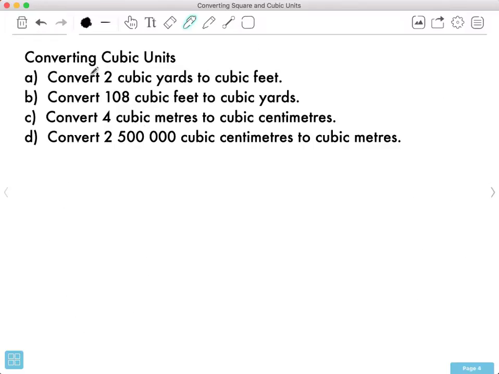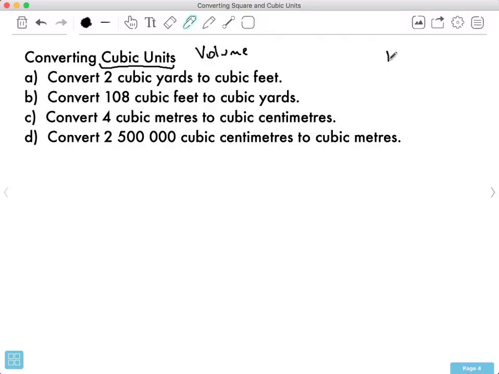It's very similar if we're dealing with cubic units. Cubic units, of course, are related to the concept of volume. All volume measurements are measured in cubic units. We want to do pretty much the same thing here that we did before, but now we're talking cubics or cubes. With these first two, we're converting cubic yards to cubic feet, or cubic feet to cubic yards.